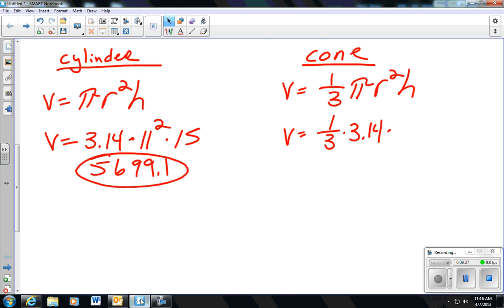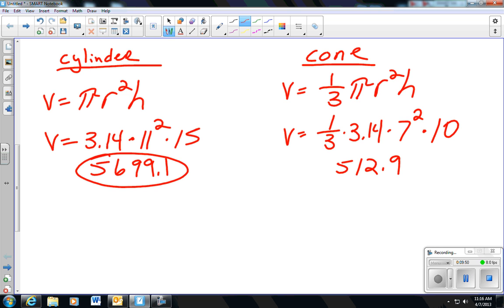We go back and plug those figures in. Radius is 7, so 7 squared times the height, which is 10. When you multiply all of those together, you'll get 512.9.